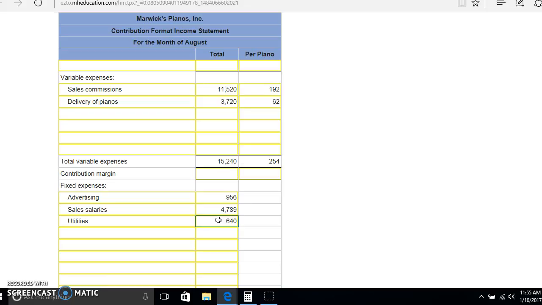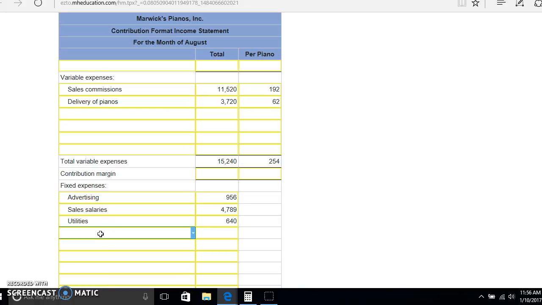But the more people that are in there working, maybe the longer hours that they're working, the more utilities you're going to have. As you progress to cost accounting or some of the other accounting classes, you'll find that this is not necessarily a fixed expense in all cases. It can be a mixed expense. So just keep that in the back of your mind.